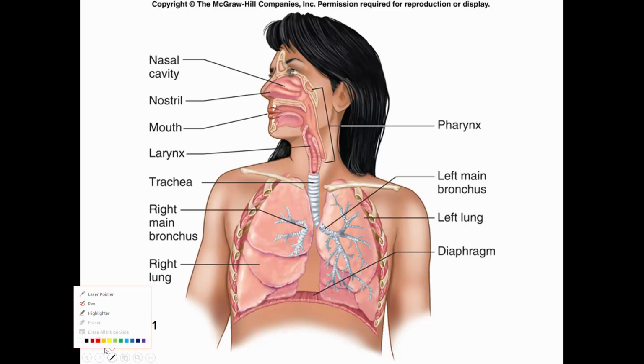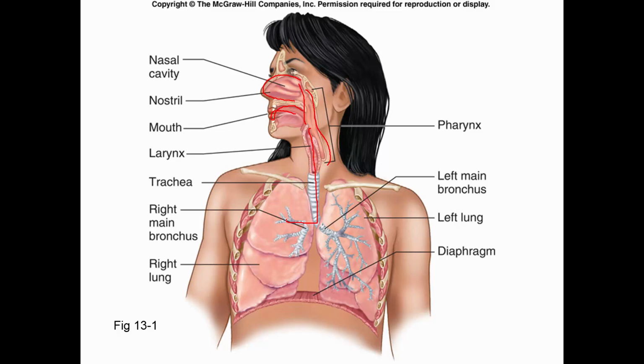So here is pulmonary woman, and we have a nasal cavity and an oral cavity, and those meet in the back to form the pharynx. So we have the nasopharynx, the oropharynx, and the laryngopharynx. Then we go through the larynx and into the trachea.